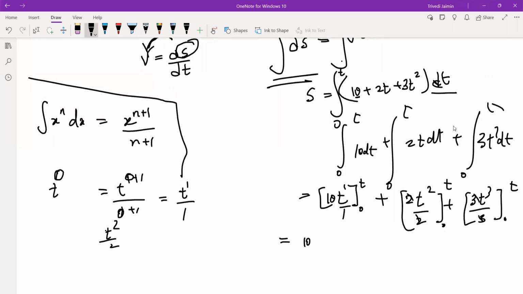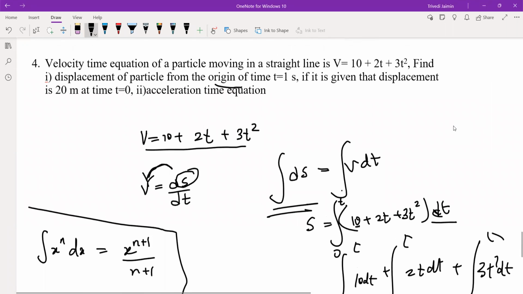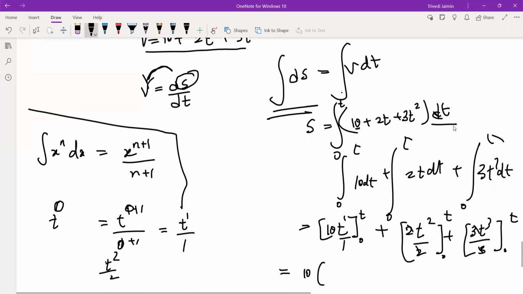Substitute the upper limit first, then subtract the lower limit.